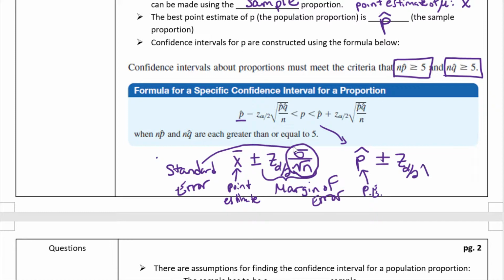And this part right here, the square root term, this is my standard error. We'll call it SE for short. And then this is my margin of error, and I'll just call it ME for short. Okay, so remember, the only way you can convert a point estimate to an interval estimate is to add or subtract the margin of error.